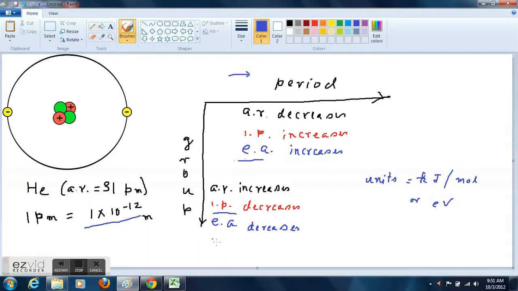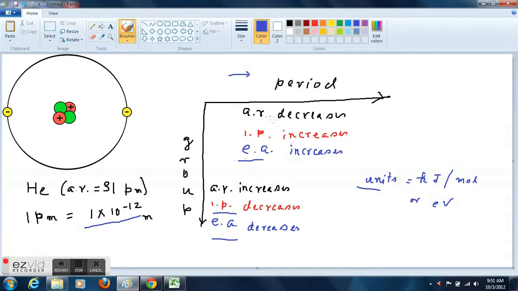As we go down the group, the atomic radius increases, ionization potential decreases and electron affinity decreases for the same reason: the atom becomes bigger, the number of shells increases, and the tightness and attraction reduce. So basically they are coming from the same reason. The reason for which a property increases along the period, it decreases along the group, or decreases along the period in case of atomic radius and increases along the group.